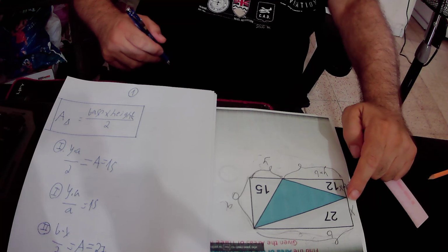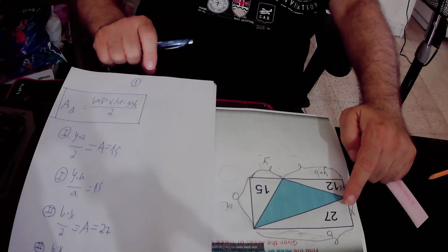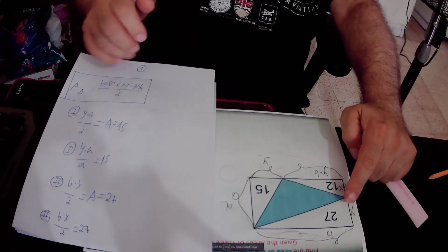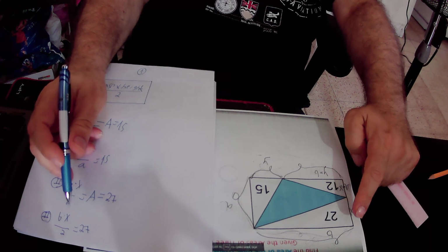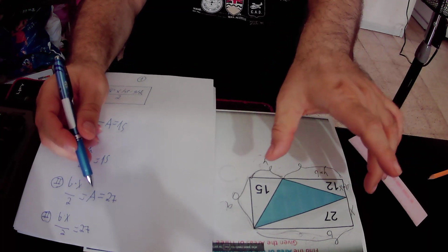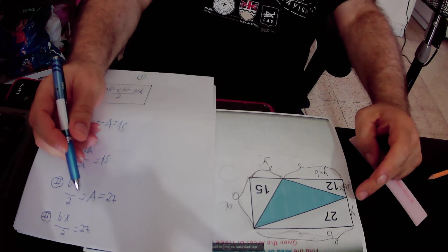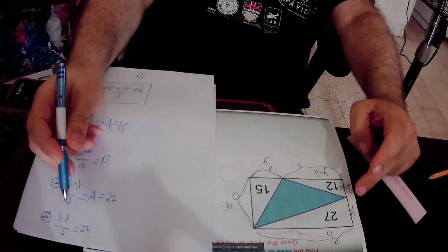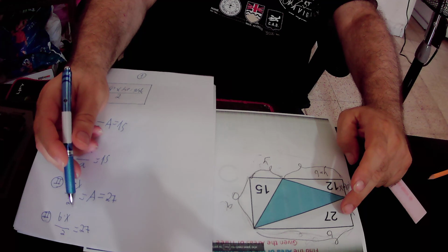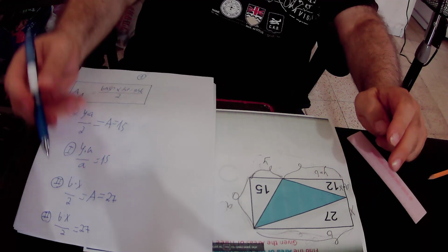And the area of this triangle equals the base of the triangle, that is B. B is also the length of the rectangle, times the height of the triangle, that is x, divided by 2. And we know that the area of this right triangle equals 27 units. So B times x divided by 2 equals 27 units.